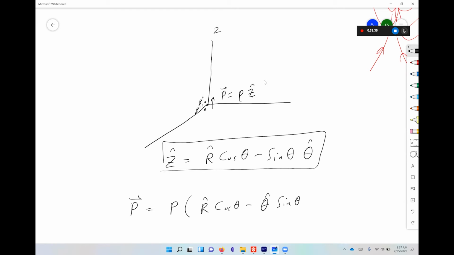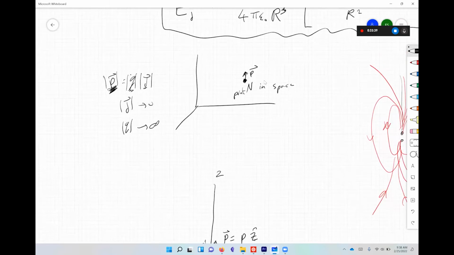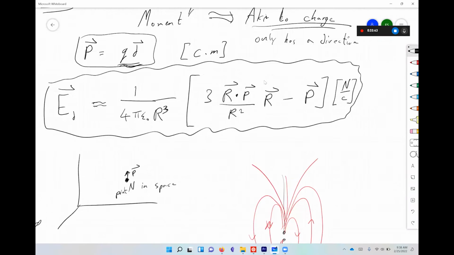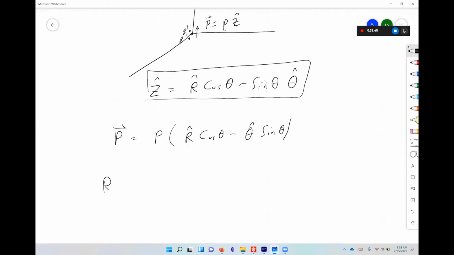This is just a basis vector transformation, right? But the equation now has r dot P, so I need to calculate r dot P. What's r dot P? r dot P is the magnitude of r, the magnitude of the distance, times the magnitude of the dipole moment, times cosine theta.